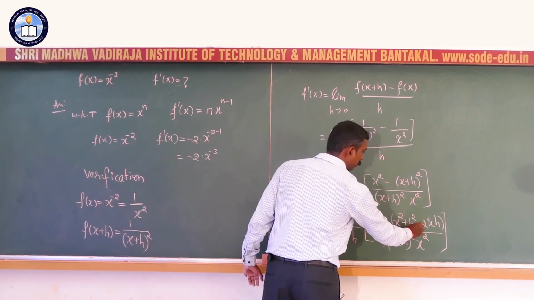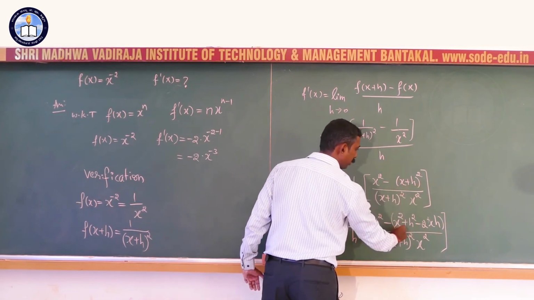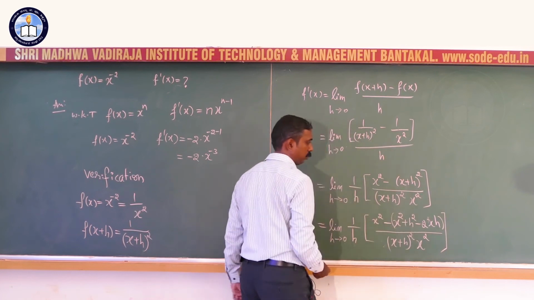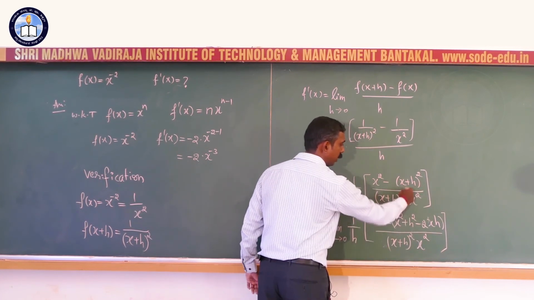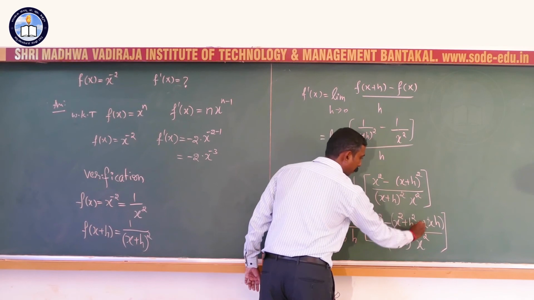Sorry, there is a mistake. x square plus h square, not minus 2xh, because a plus b whole square is a square plus b square plus 2ab.